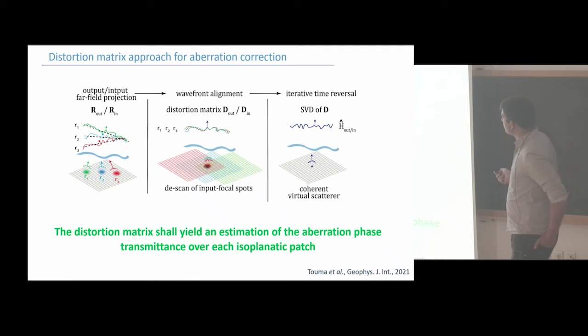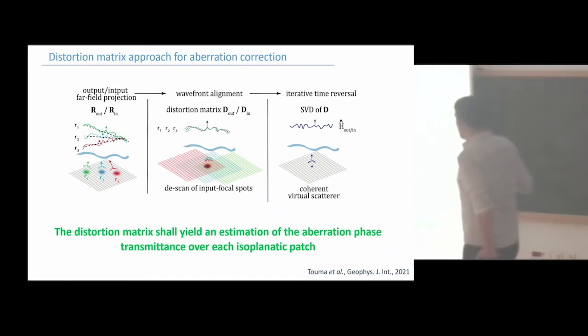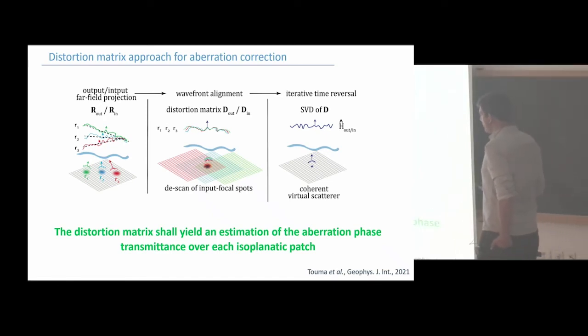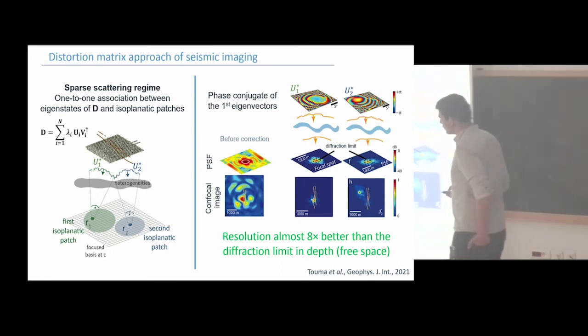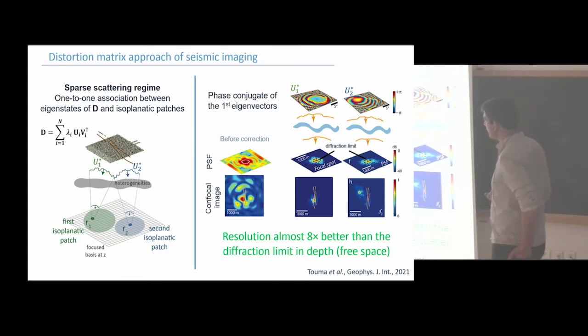And you obtain, if you're lucky, a first eigenvector that gives you the aberration phase transmittance, either at input or output, that describes the inhomogeneities of bulk wave velocity inside the medium. So we can do that. I forgot to say that here we record the vertical polarization of the wave field at the origin.